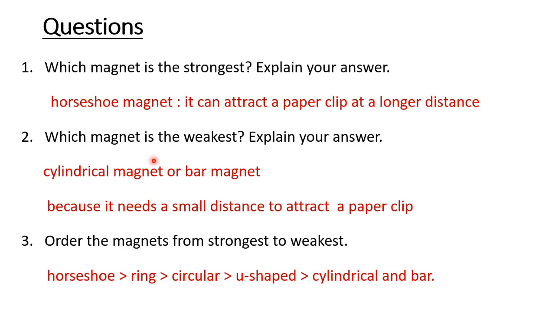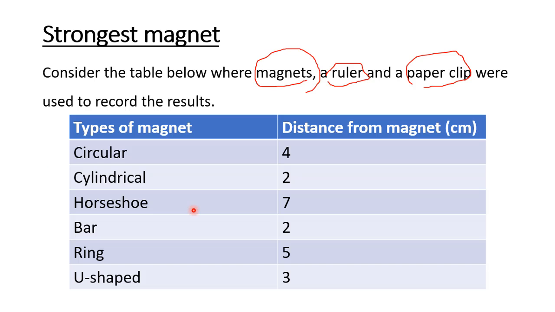And which one is the weakest? Is it the cylindrical magnet or the bar magnet? Why? Because it needs a small distance to attract a paper clip. Let's check on the table.